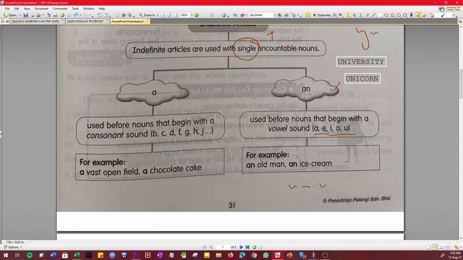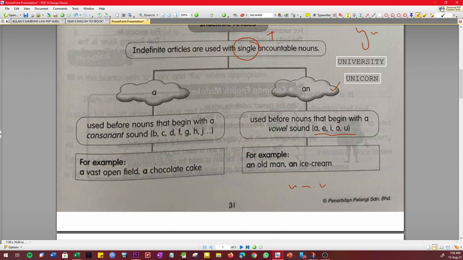So, vowel, A, E, I, O, U, all these are vowels. And we have consonants. Consonants are the letters other than vowels. So it would be B, C, D, F, G, H, any letters except those taken from the vowels.